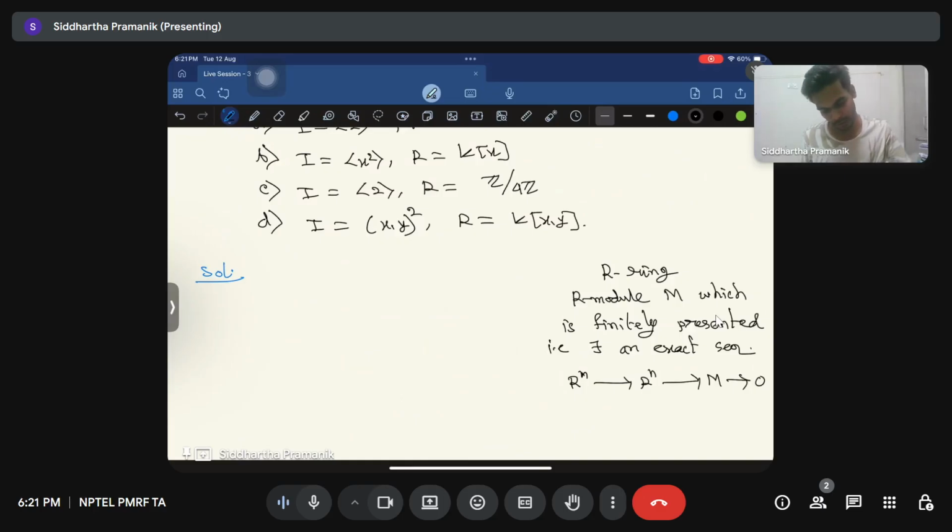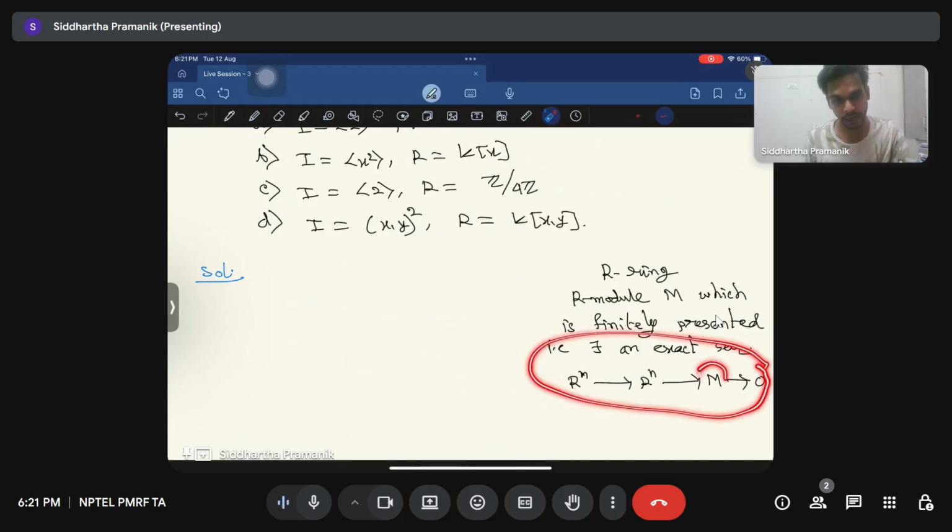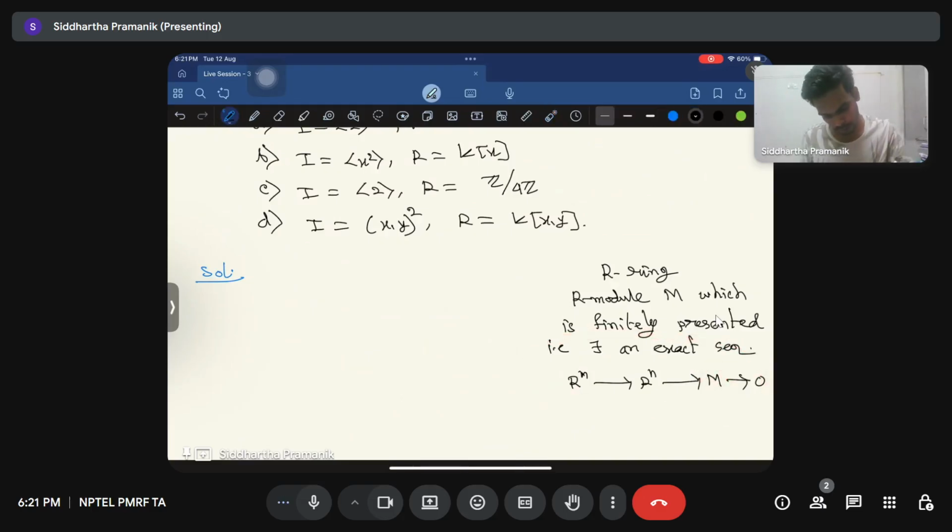So there exists an exact sequence like this, which means M is finitely presented. Now this map is a map of R modules, so it can be represented as a matrix. Let's call this map phi.